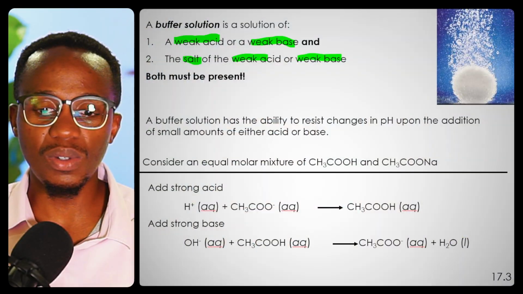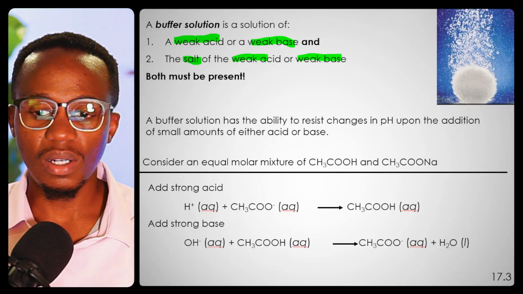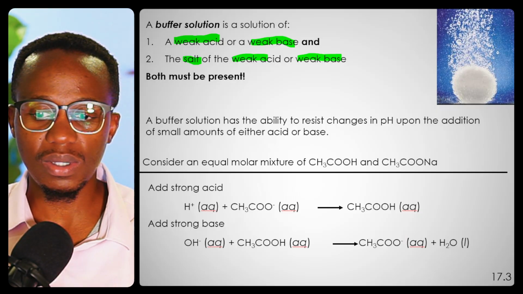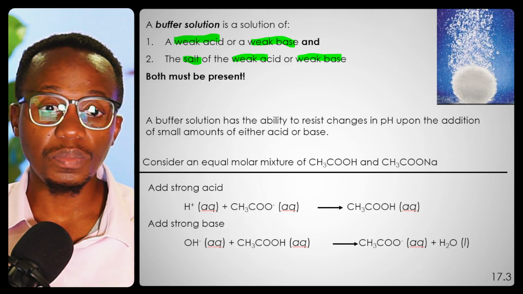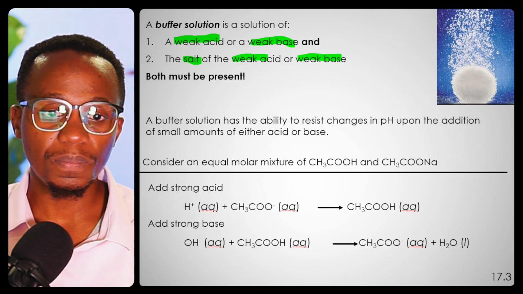A buffer is a mixture that has two things: a weak base and its conjugate acid all together. If you look at this, I want you to see the difference, because it might seem similar.